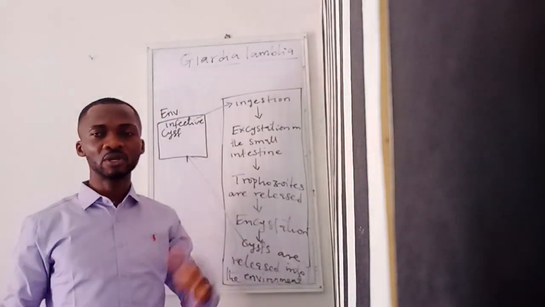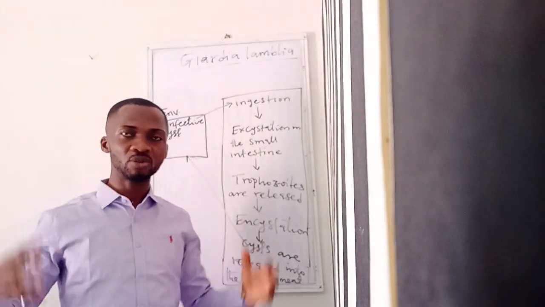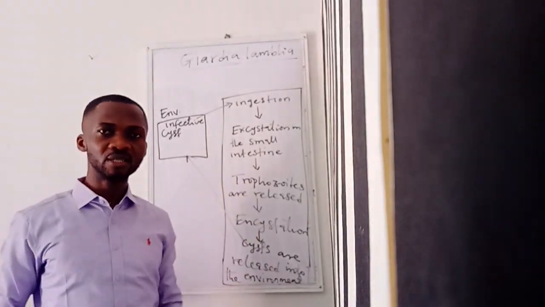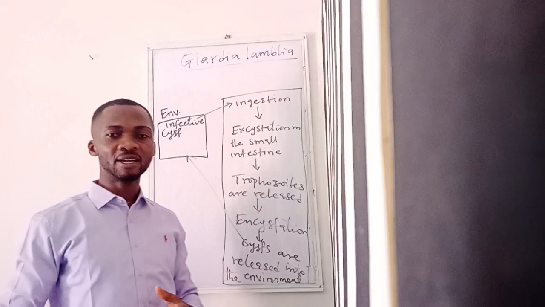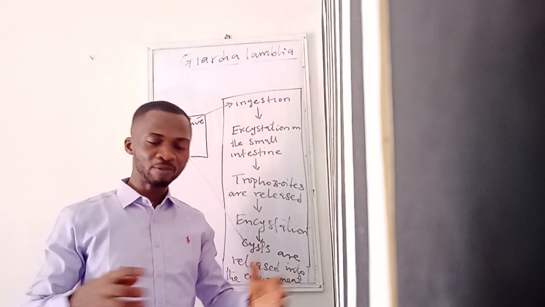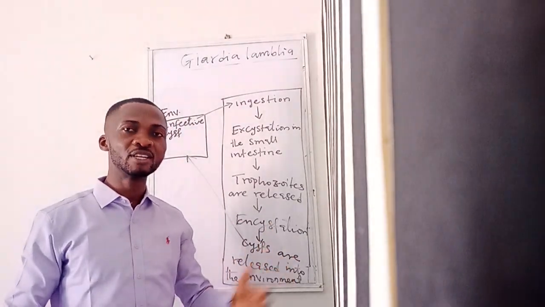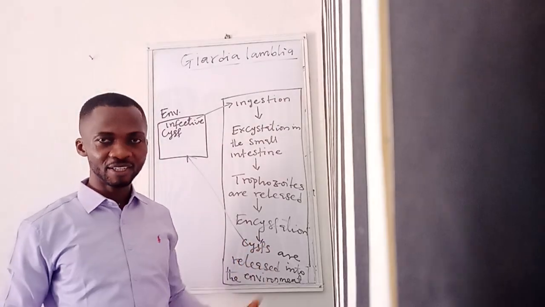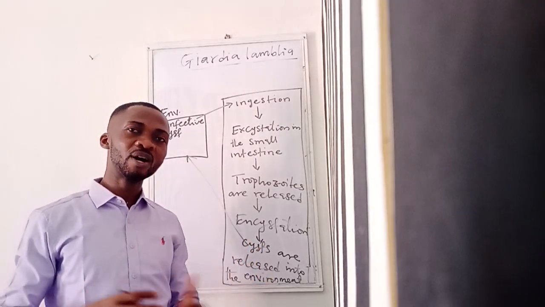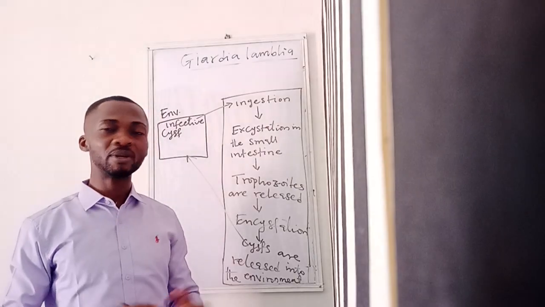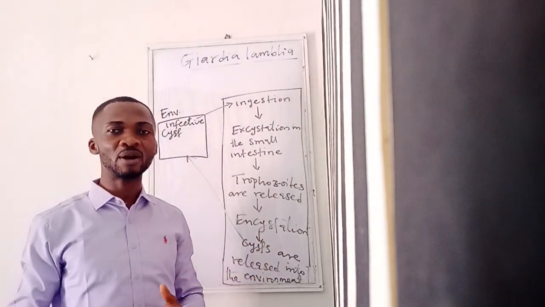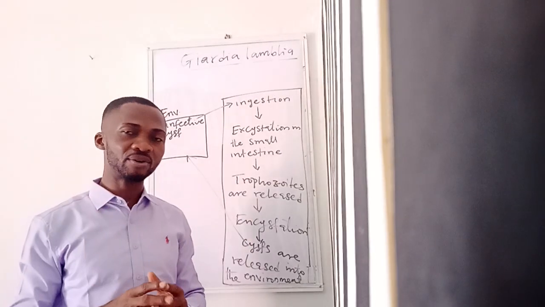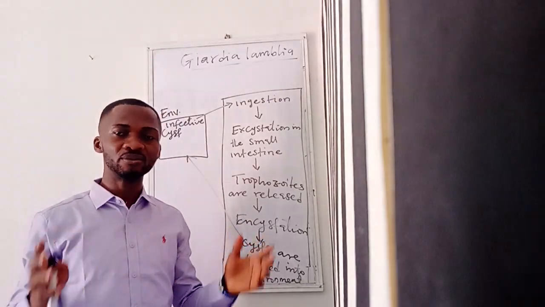Then, when it comes to diagnosis, it is through the demonstration of the presence of cysts in a fecal sample. So you get the cysts of the individual and investigate them to see if you can find the eggs of the parasite. Students who are studying med lab, or med lab scientists, have been taught how to identify and recognize these parasites.